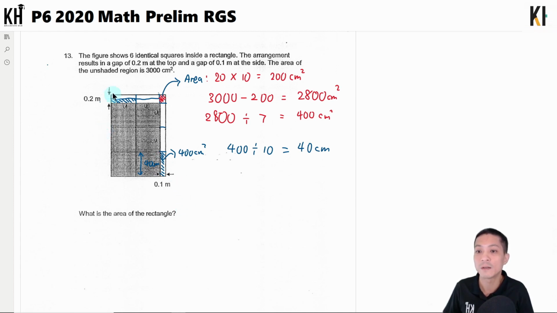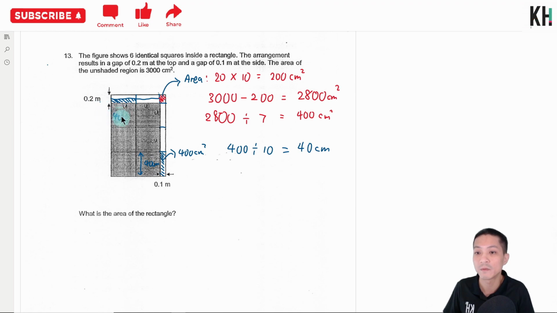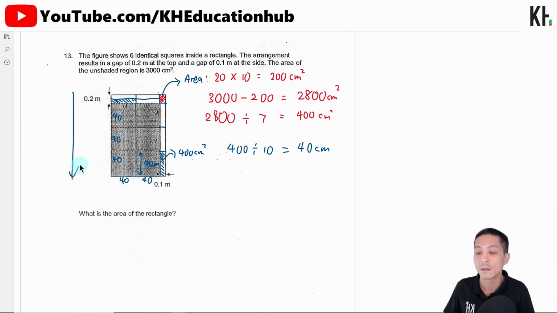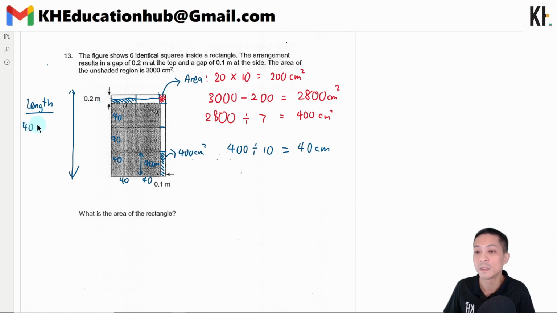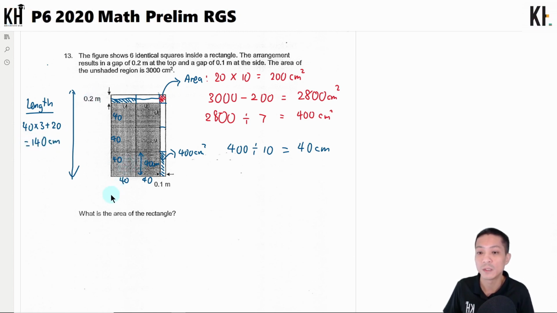Now we can find out what the length is. This is 40, 40, 40, and this is 40, 40. So the length of it is 40 times 3 plus 20. Because there's a 20 here, it's 140 centimeter.